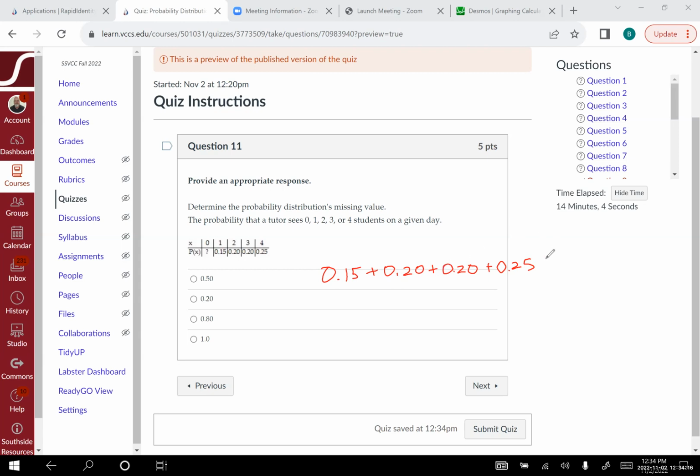I got 0.8. All right. And then we subtracted that from 1 because we know they all have to add up to 1. And looks like we get the same answer you did. Good job, Lex.